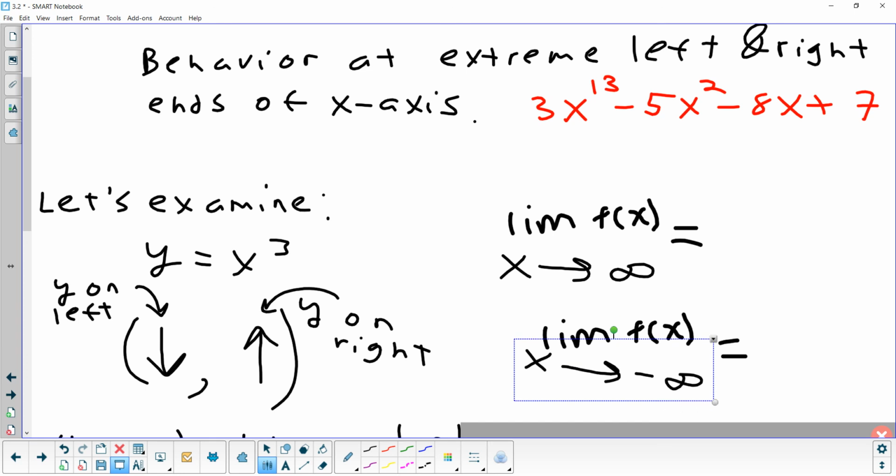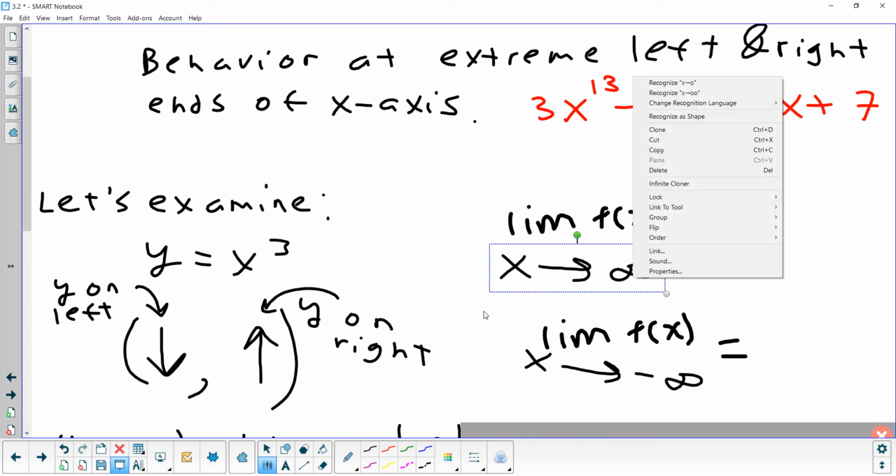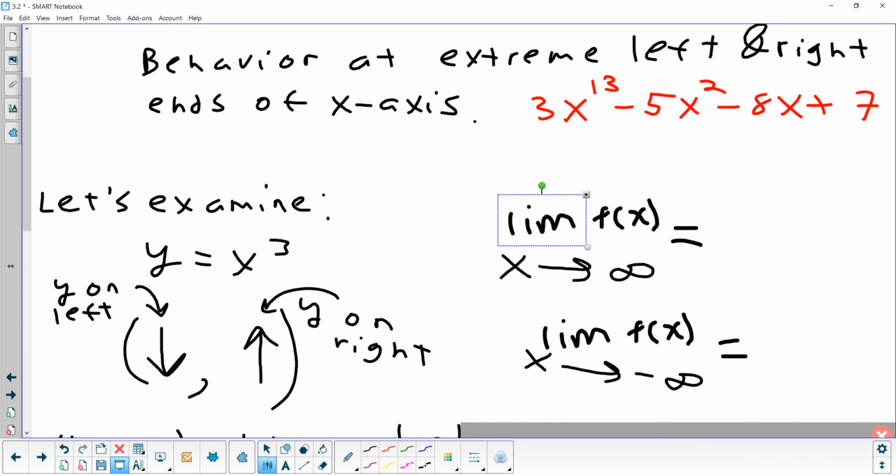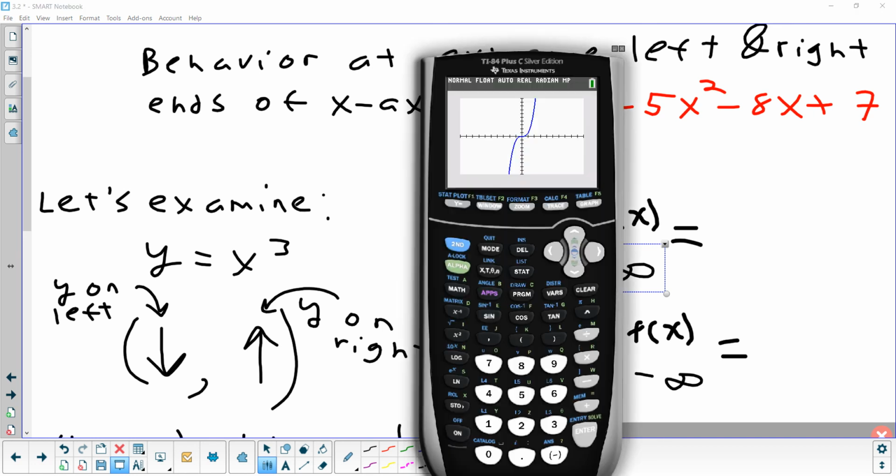And what that means, if you simplify it a little bit, is it basically says what's happening to the y value as x gets really big. What's happening to the y value as x gets bigger and bigger. As x gets bigger and bigger, that means you're heading to the right.